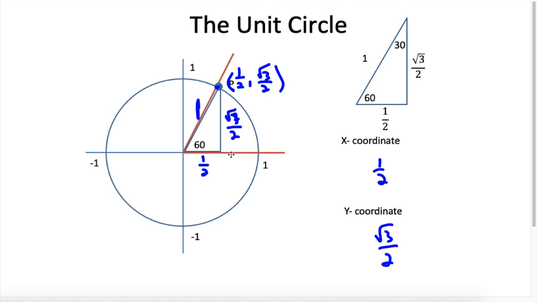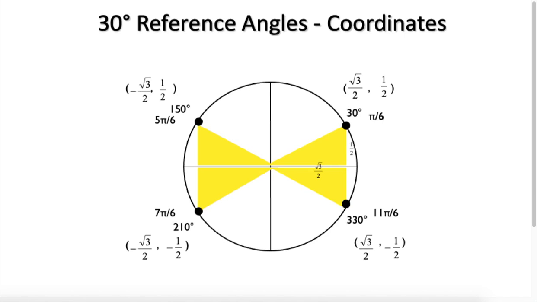As we are starting to memorize these values and construct these, we also need to make sure we're understanding what they mean, and we'll talk about that again here at the end. But now what we want to do is take each of those and flip them into the other three quadrants. If we start with our 30-degree angle, we're going to look at all the other reference angles of 30 degrees.